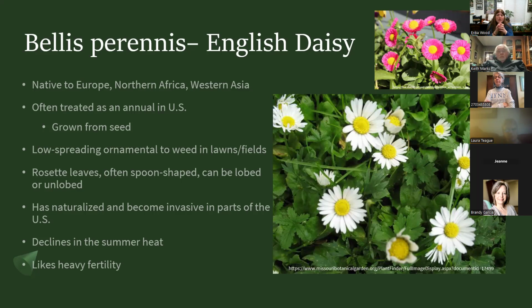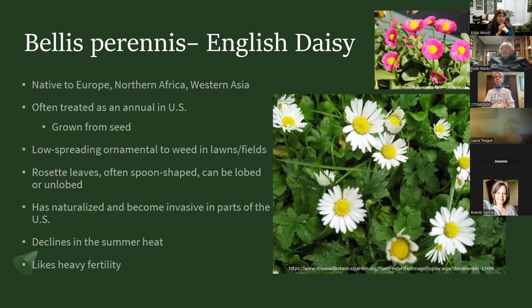Some of the cultivars are a little bit more heat tolerant than the original English daisy. But generally they start to decline as we get into really hot summer heat, which can definitely be a problem here in Kentucky.